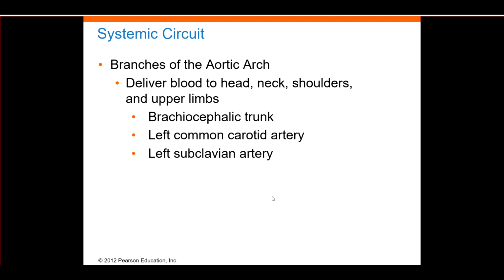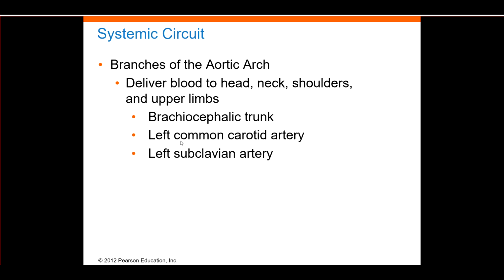Now, off of the arch of the aorta, or the aortic arch, we have three major blood vessels that I'd like you to know. The one that's located most to the right is going to be the brachiocephalic trunk. We know from a previous lesson, trunk means it's going to split. The second branch is the left common carotid artery.